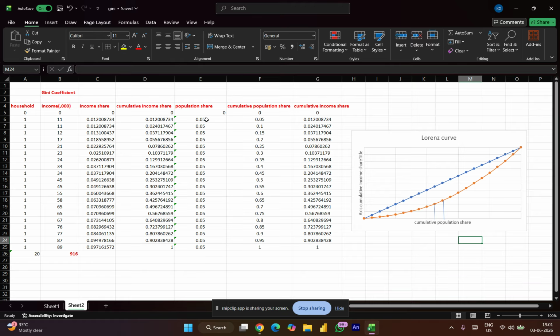So the share of population is like this, 0.05, so each point in the base is 0.05.